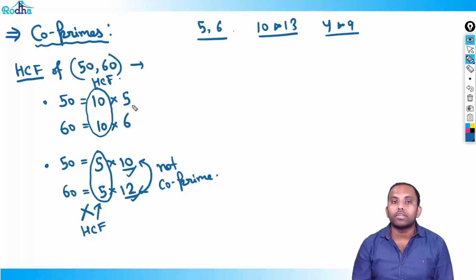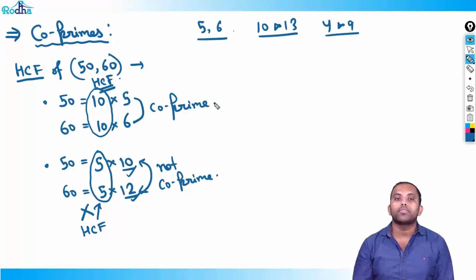Then it is 10 into 5 and 10 into 6. Now I can say that 10 is the HCF because 5 and 6 are now co-prime to each other.